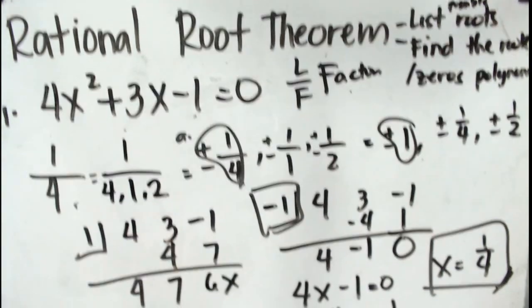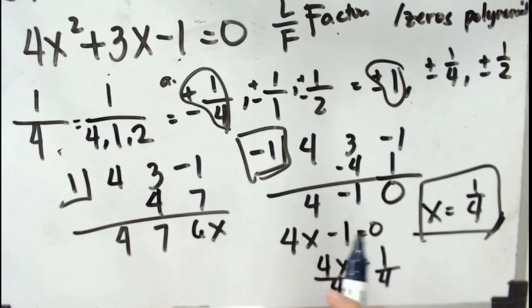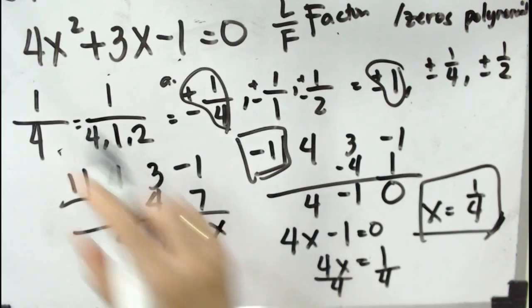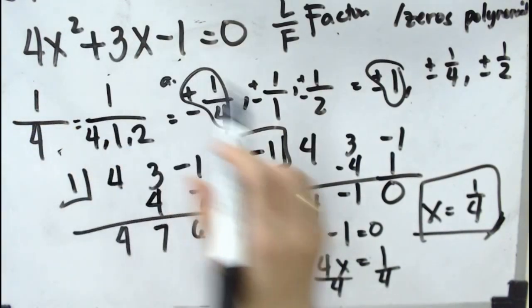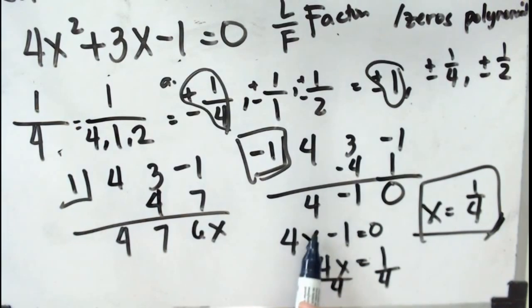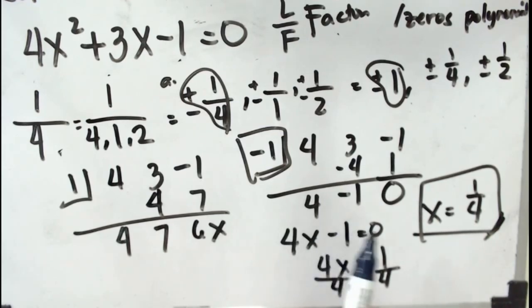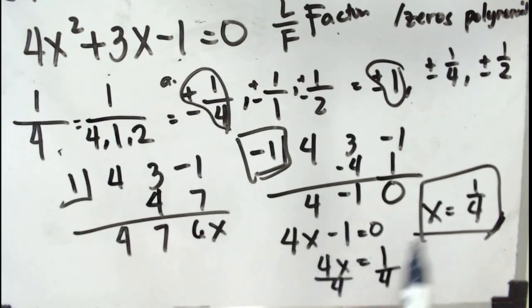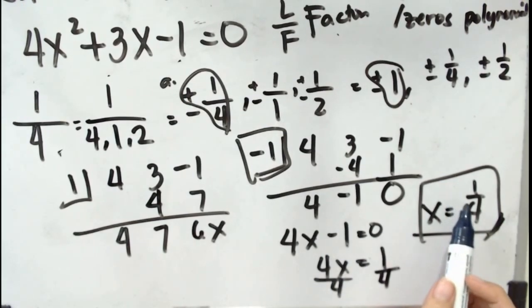And then I equate 4x minus 1. From x squared, I find out the first x, that's why it becomes x only, minus 1. And then I equate it to 0. So 4x is equal to 1, transposing 1 to the other side, and dividing both sides by 4 to isolate x. x here is equal to 1/4.